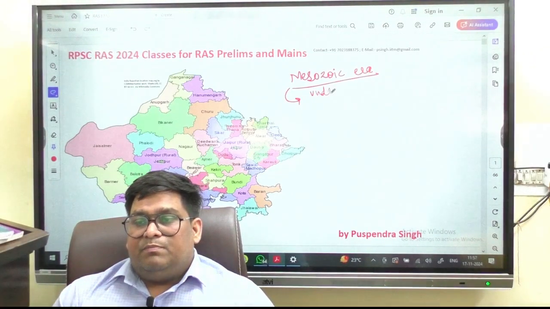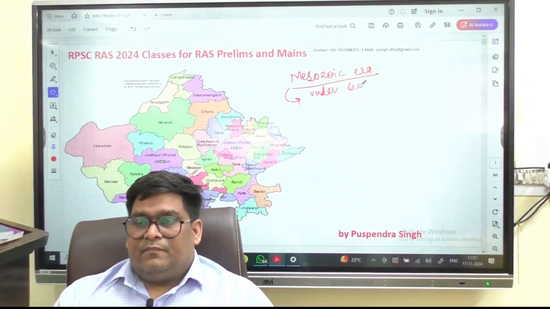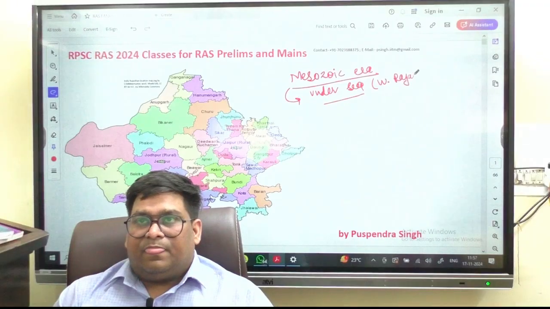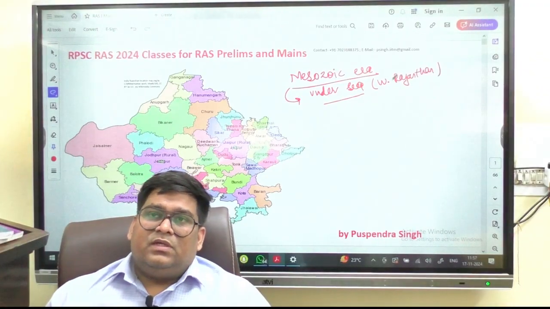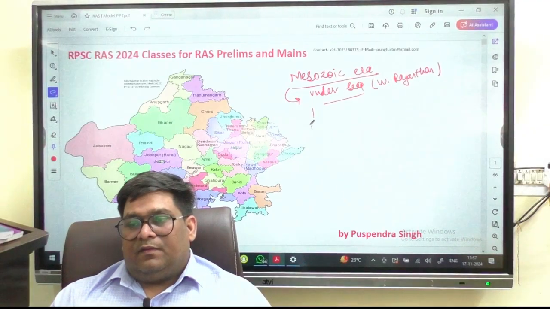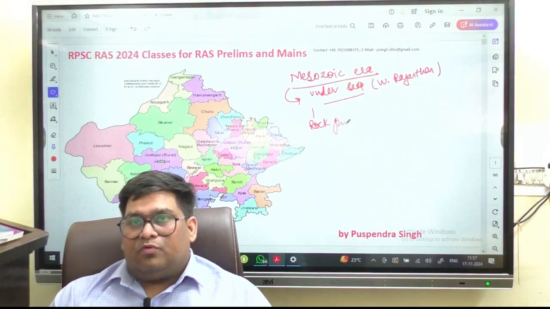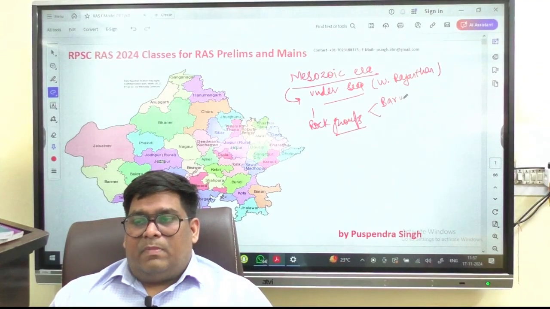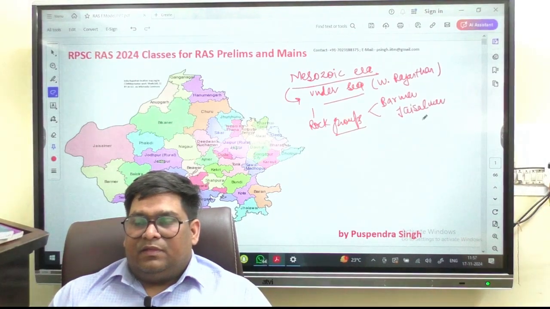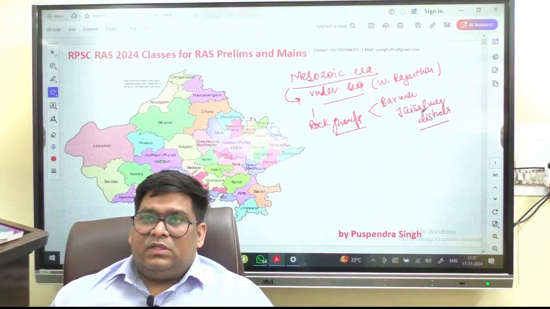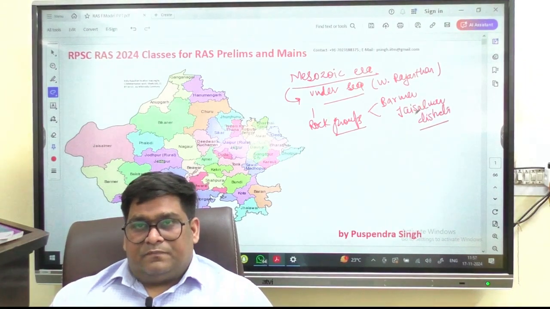During this time, we have two rock groups, primarily consisting of Barmer and Jaisalmer districts, which were imposed on the Malani igneous order.